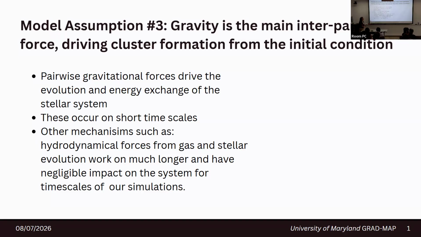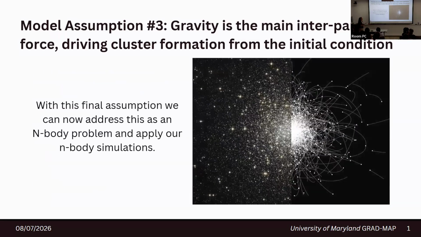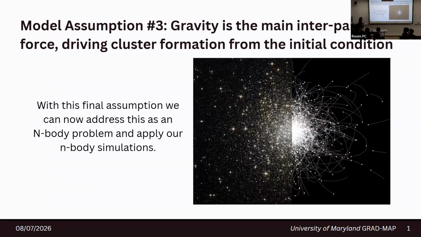This is important because it means we can simplify our very complex globular cluster to an n-body problem and use n-body simulations, wherein each star is simplified to be a single particle. So from now on, if I say particle, imagine a star in the system, and only their gravitational forces are calculated.